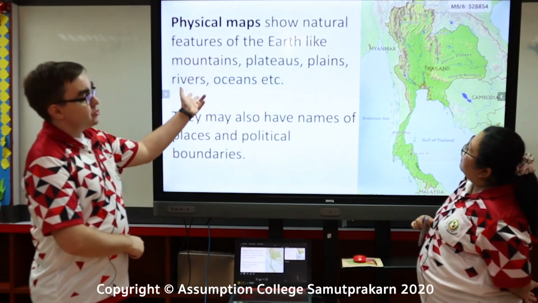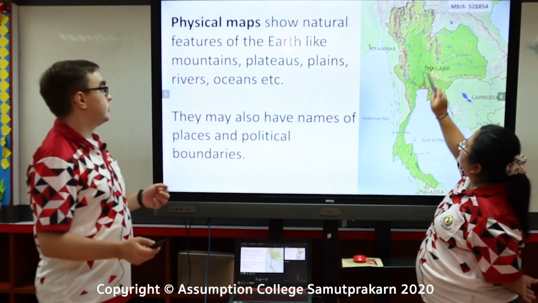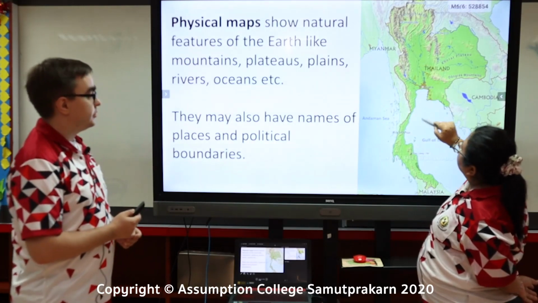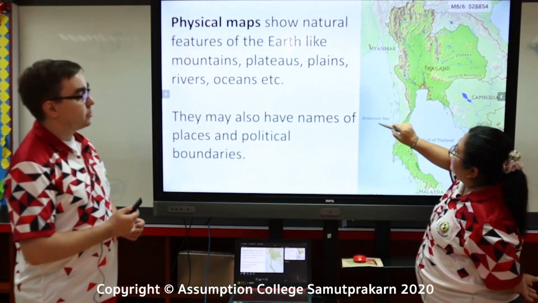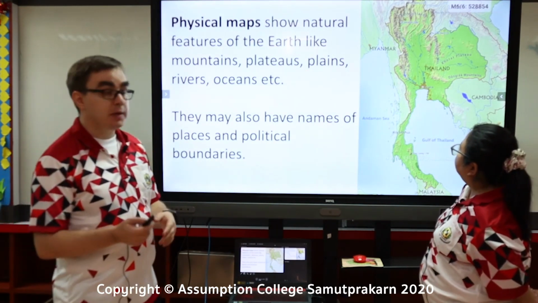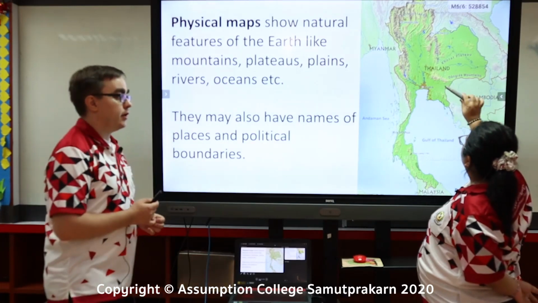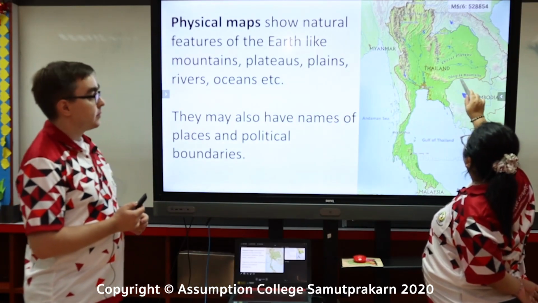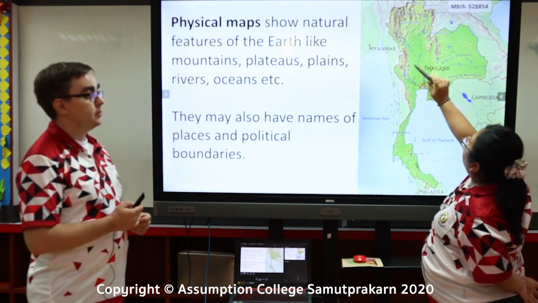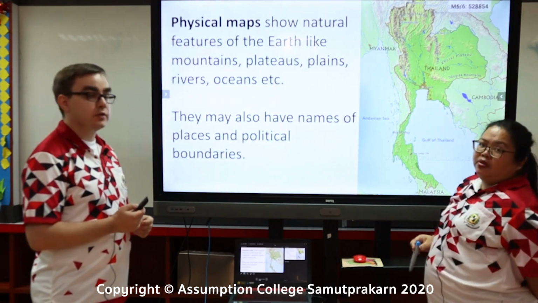So they also show plains, mountains, hills, rivers, oceans, but they use colors. They sometimes will also have names of places like Bangkok there, or areas like Andaman Sea, Donglak Mountain, Korat Plateau, Tanao Sri Range, for better orientation.